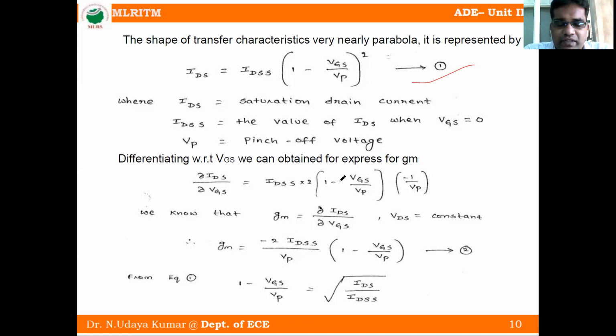We know that GM, the transconductance, is ∂IDS/∂VGS at constant drain voltage. Therefore, GM = −2 IDSS/VP × (1 − VGS/VP). From the above equation, since it is a square term, 1 − VGS/VP = √(IDS/IDSS).